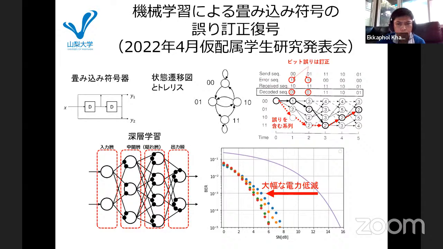I mean, in this case, y1 and y2 are calculated from 3 bits. The current input bit is, for example, called x0, this is called x1, and this is called x2.